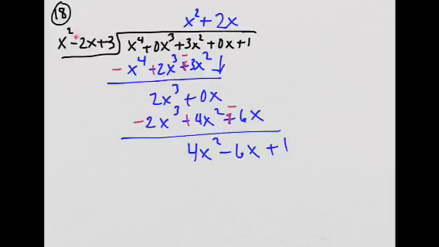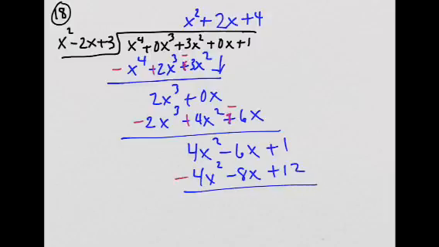Something times x squared equals 4x squared. That would be 4. So we're going to multiply. Minus 8x plus 12. So we're going to add the opposite. So here, here, and then this changes to negative.